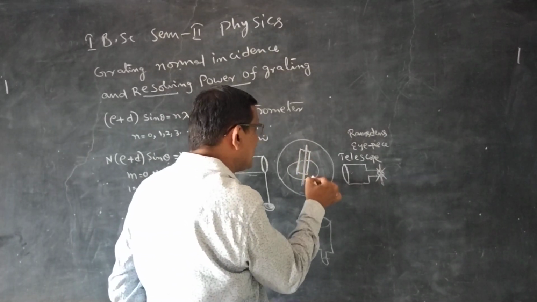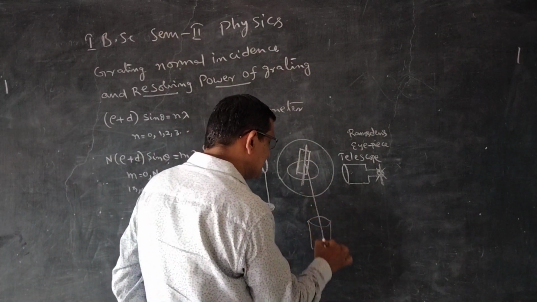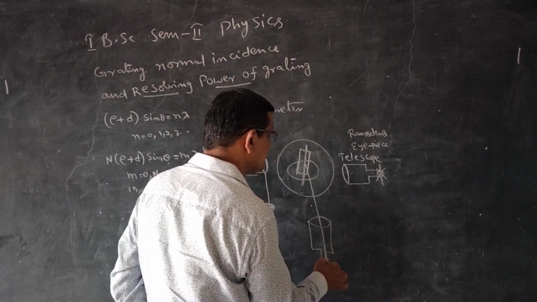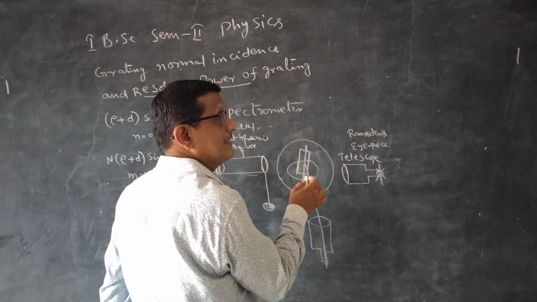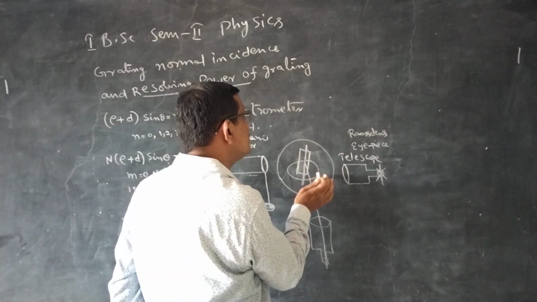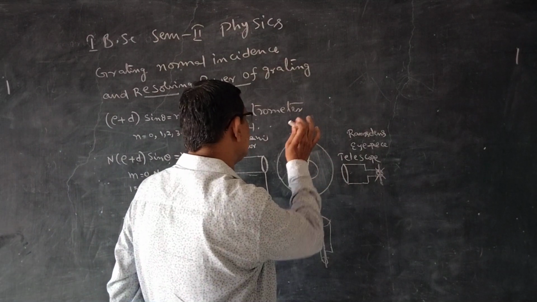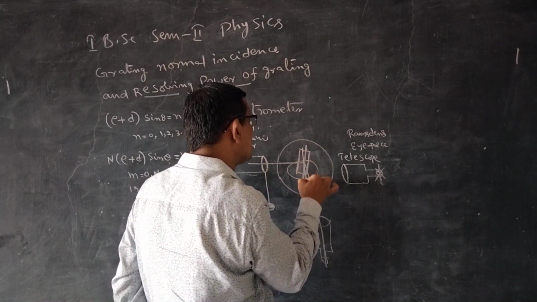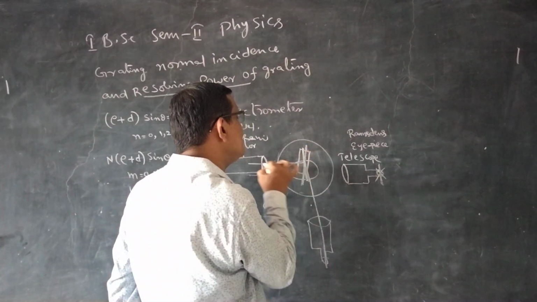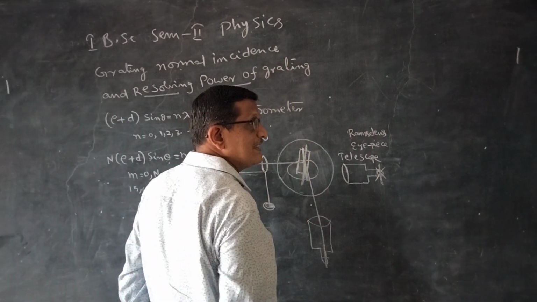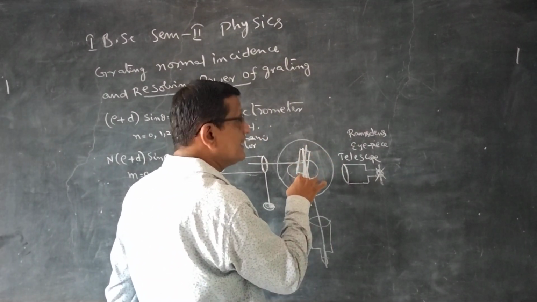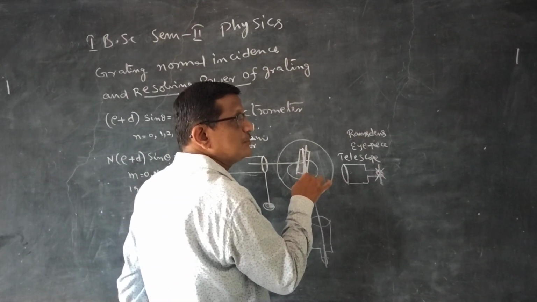Then the reflected ray again coincides with the midpoint of the cross lines in the telescope. Then the circular table is rotated through another 45 degrees and is made perpendicular to the parallel light beam coming from the collimator. Then it is said to be in the normal incidence position.